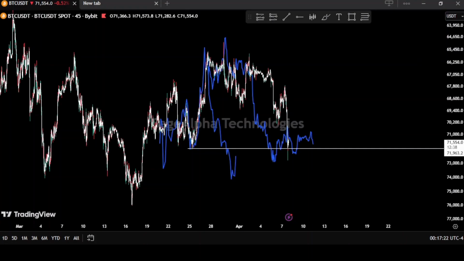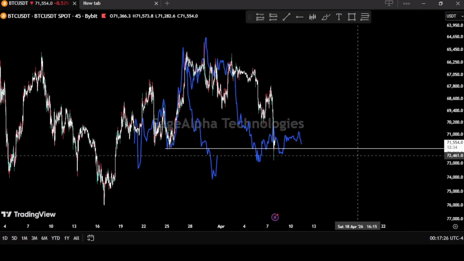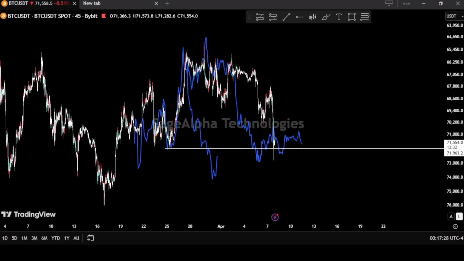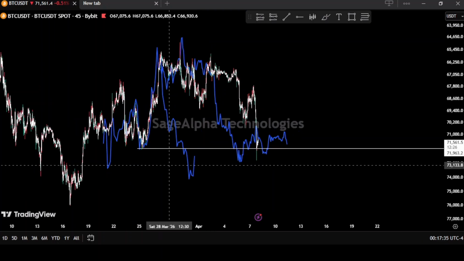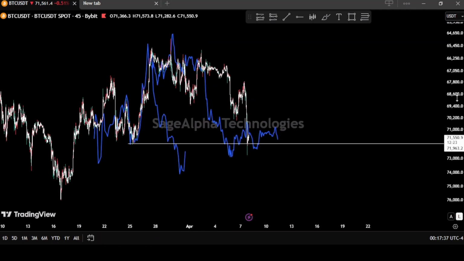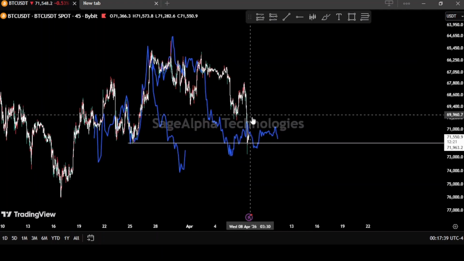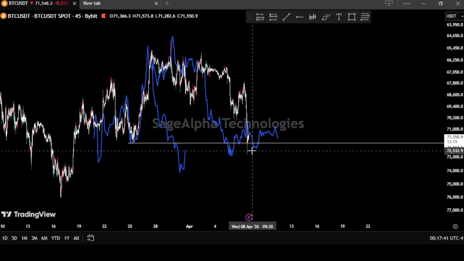Okay. All right, everyone. We are back on our Bitcoin, and Bitcoin is now here at 71,500. We predicted that the move was going to get to 72,000 at this low. As you can see, the Bitcoin price is shorted, and we're here.